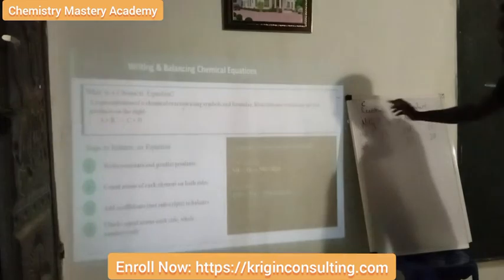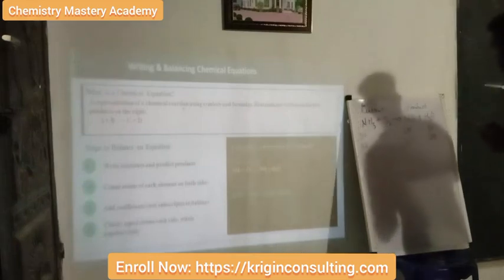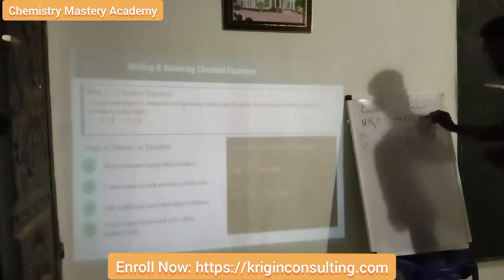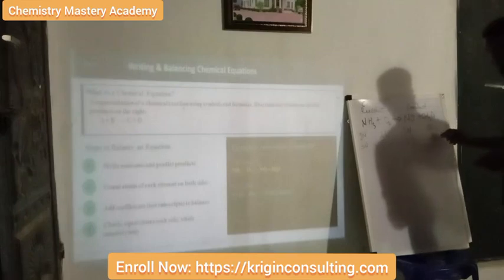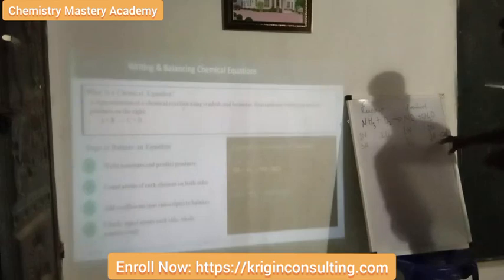Now, in order to balance this equation, what do I now do? I've given you an idea of how to do it. I would put 6 here. The hydrogen here is now 12. We now have 12 hydrogen here. Now, I'll put 6 here, increasing it to 12 hydrogen.